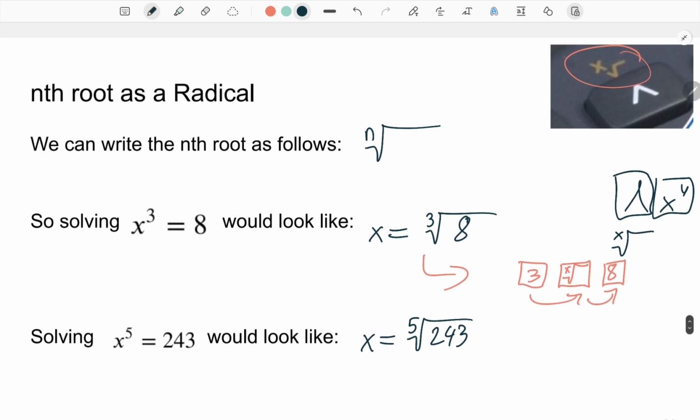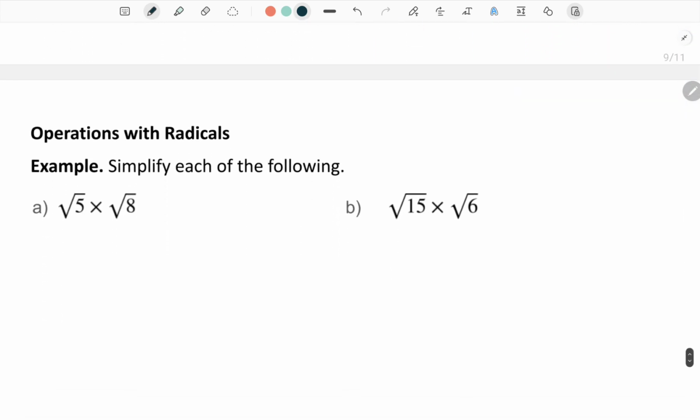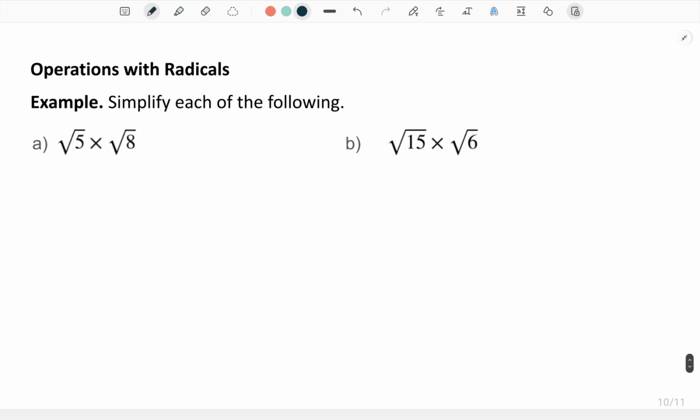Okay, let's continue onwards. So, some simple operations with radicals. The goal here is we have some multiplication, we want to multiply it together, and then simplify it as much as possible. So for example, we have root 5 times root 8 here, so we know we can bring it together under a square root, which will become 40.